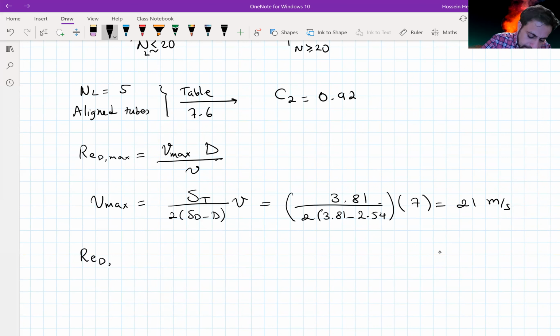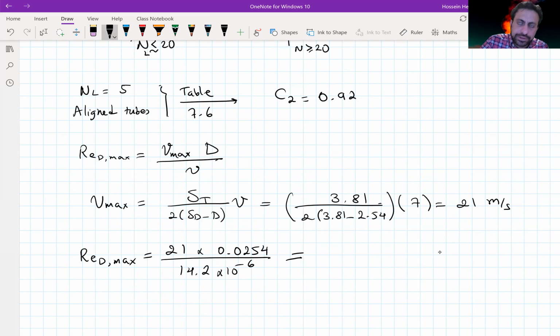So the Reynolds number based on D and max would be this 21 meters per second times the diameter, 0.0254, divided by 14.2 times 10 to the power minus 6. We're going to get 37,563.